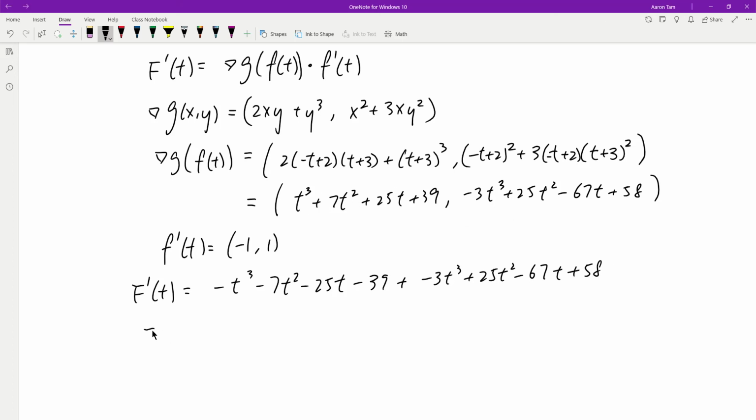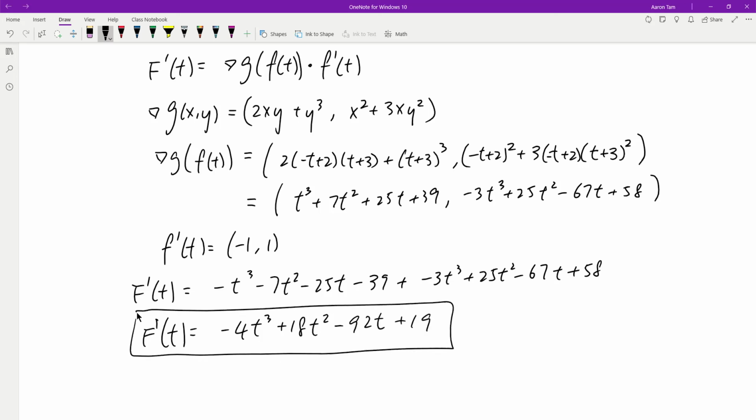So it should come out to be this right here, negative 4t to the third plus 18t squared minus 92t, and plus 19. So hopefully this is the correct answer.